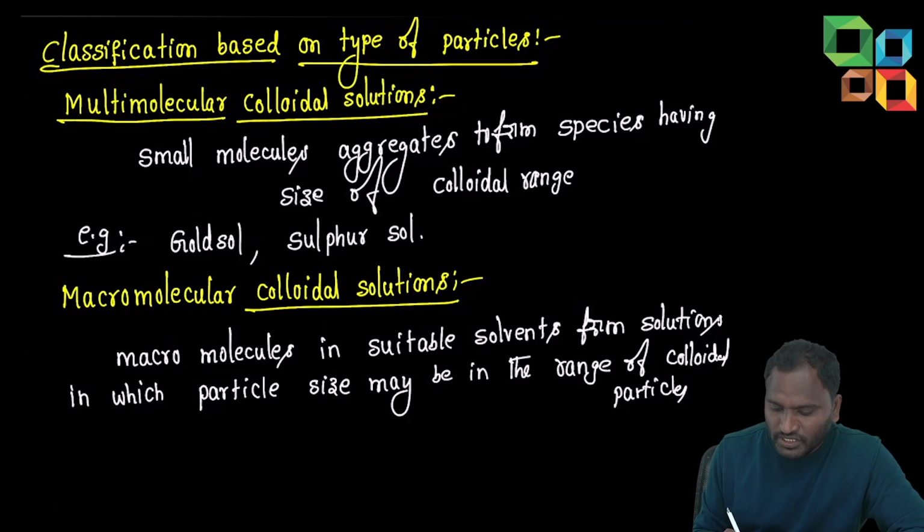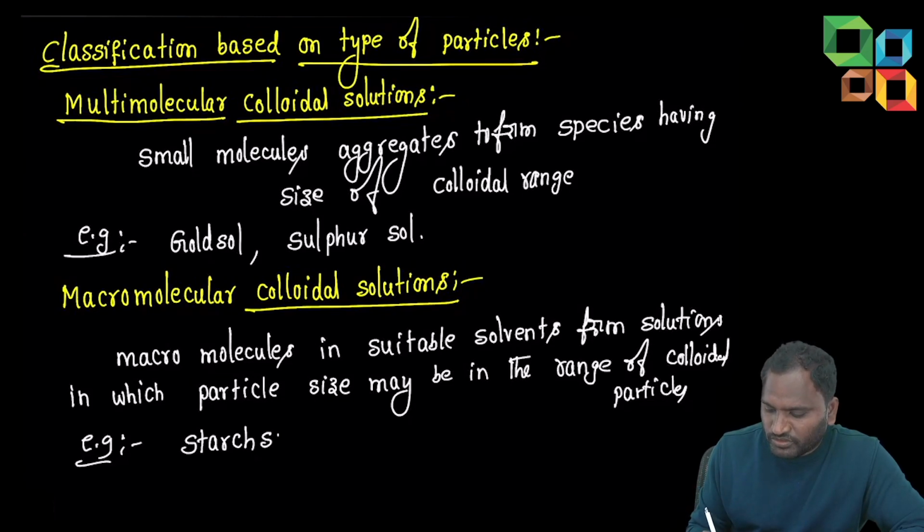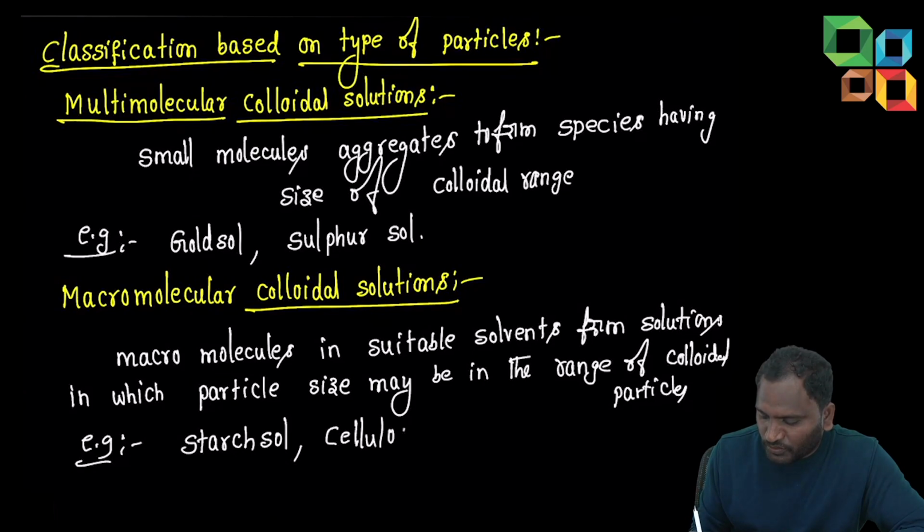Examples for macromolecular colloidal solutions are starch solution. All polymers, wherever you find polymeric form, you can take as a macromolecular colloidal. Starch sol, cellulose sol. Cellulose is also a polysaccharide, students.